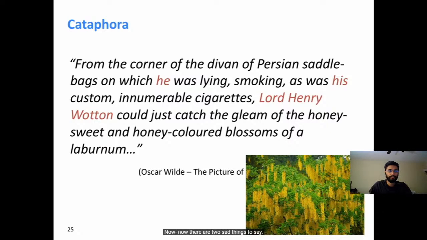Now there are two sad things to say. The first sad thing is that in modern linguistics, the term cataphora is completely disused, and we just use the word anaphora everywhere as meaning a word that gets referenced from some other mention in the text, and it doesn't matter what side it's on.